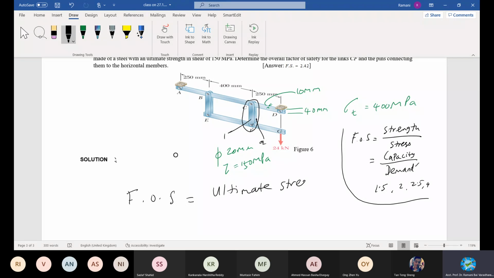Okay, in this case, the load is given to you already, right? You can compare between these two, ultimate and allowable. I just put it as allowable load.